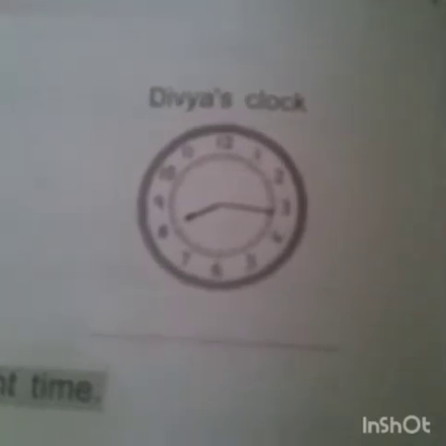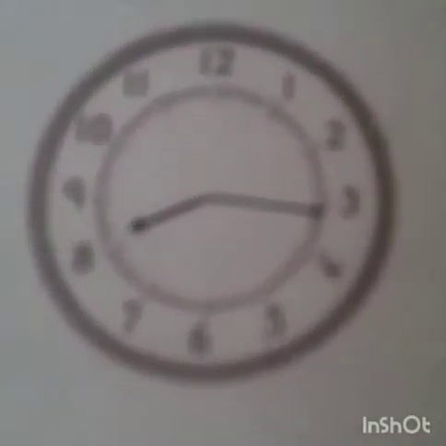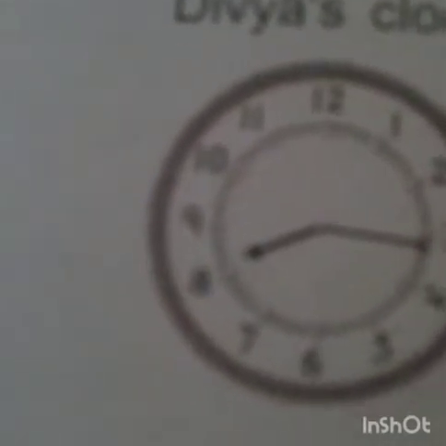Next, Divya's clock. This is Divya's clock. The hour hand is at 8. Next, the minute hand is at 3. 3 fives are how much? 15.